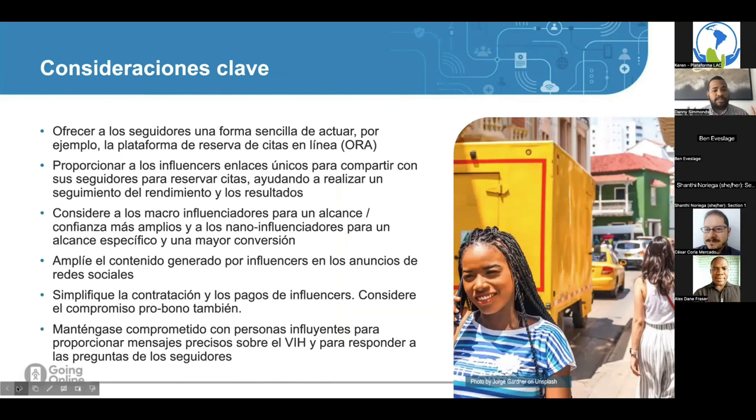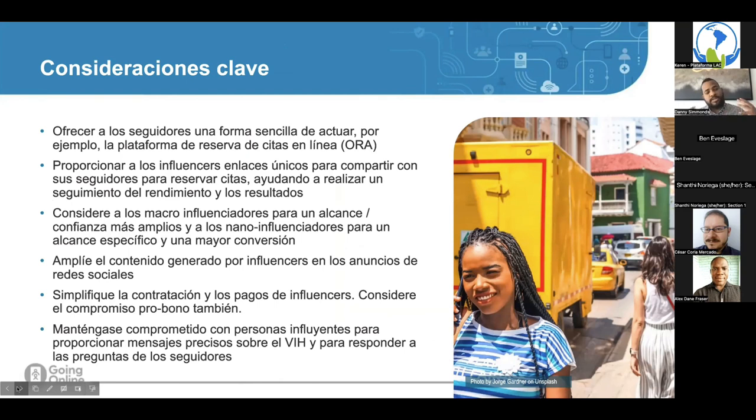Now, for some key considerations as it relates to social influencer outreach, and of course, these are built on the lessons we've learned implementing in Guyana, Indonesia, and in other regions. Offer clients a simple way to act. Example, an online booking platform like QuickRes.